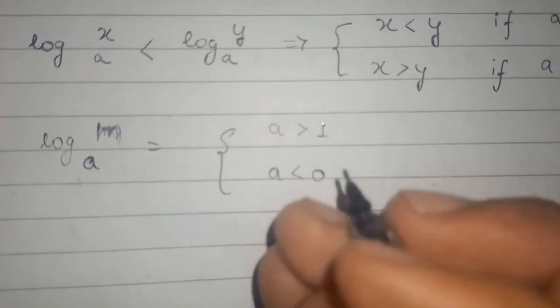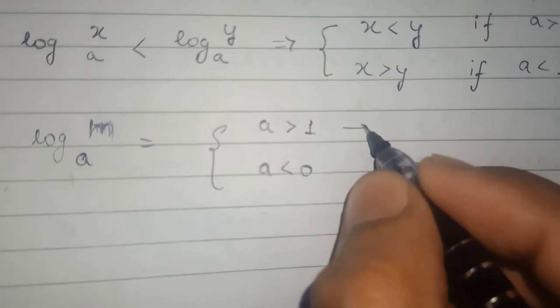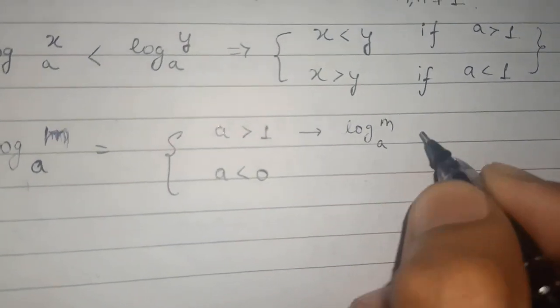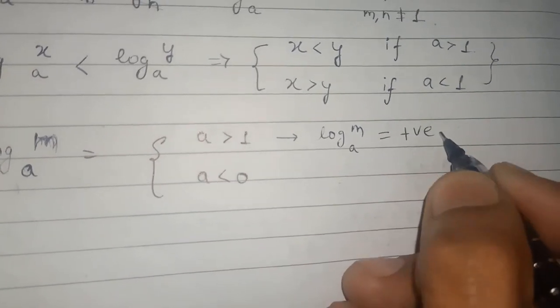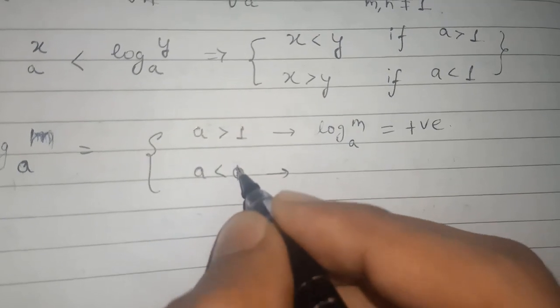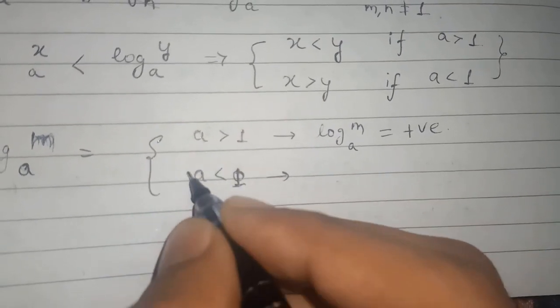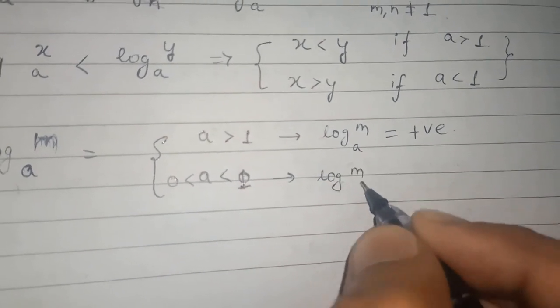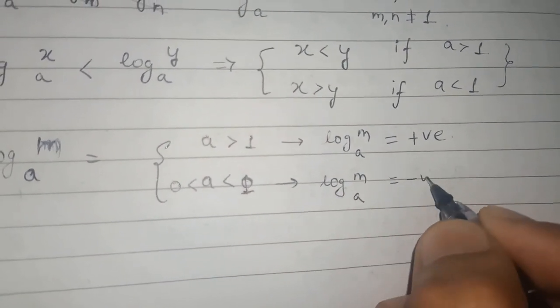If a is greater than 1, then log m to the base a is positive, and if a is less than 1 but greater than 0, then log m to the base a is negative.